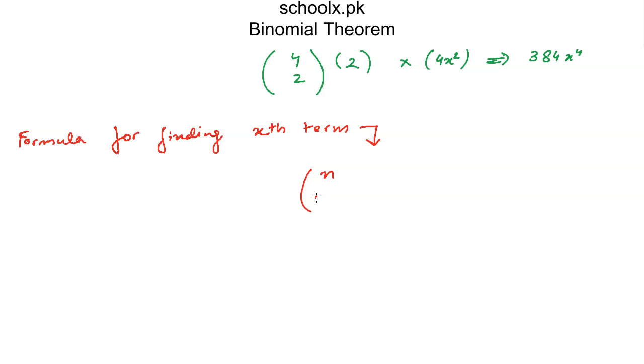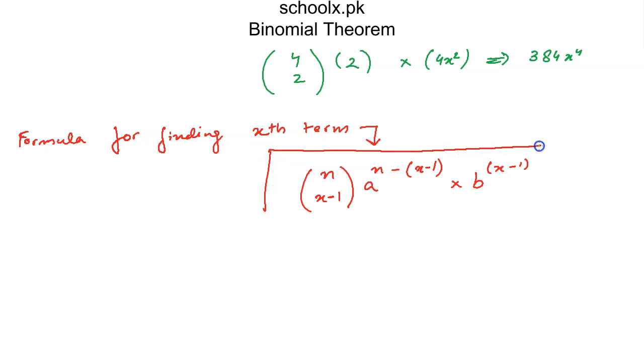This is a formula for finding the xth term. I'm not calling it the nth term because you'll confuse that n with this n then. Hence, I'm calling it the xth term. This is a formula for finding the xth term of a binomial expansion.